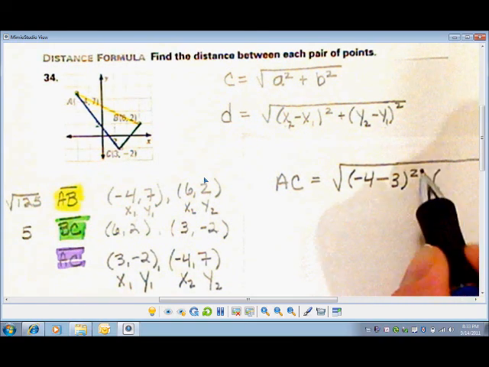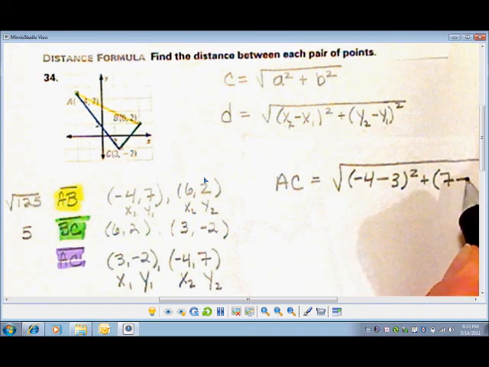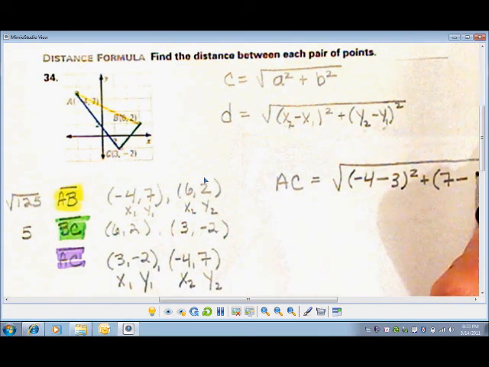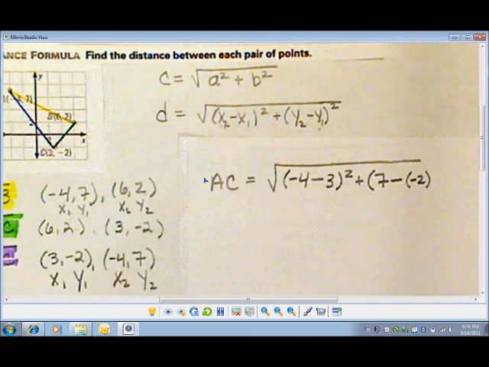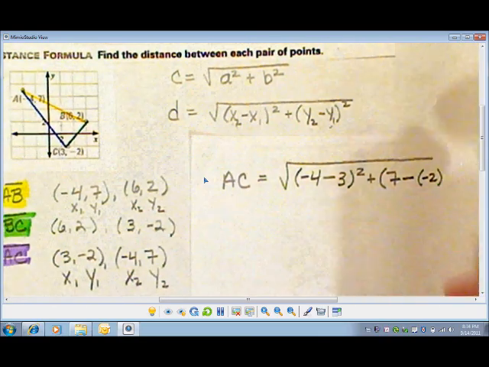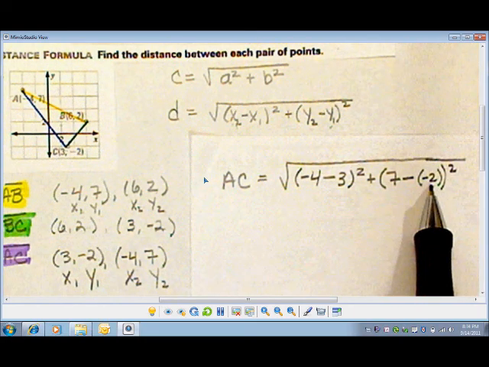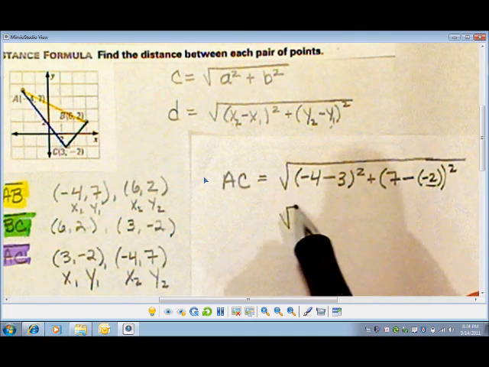Plus y sub 2 is 7 minus y sub 1, which is -2. Let me get this on the paper so we can see it. And that's all squared. It's really important to make sure you put whatever you're substituting in for your variable in parentheses, especially with those negatives, because otherwise you're apt to make a mistake.